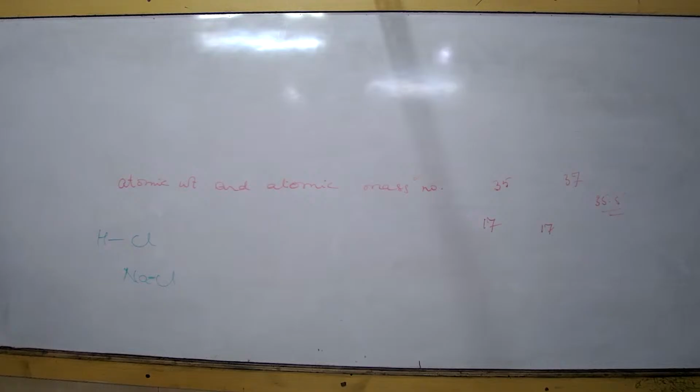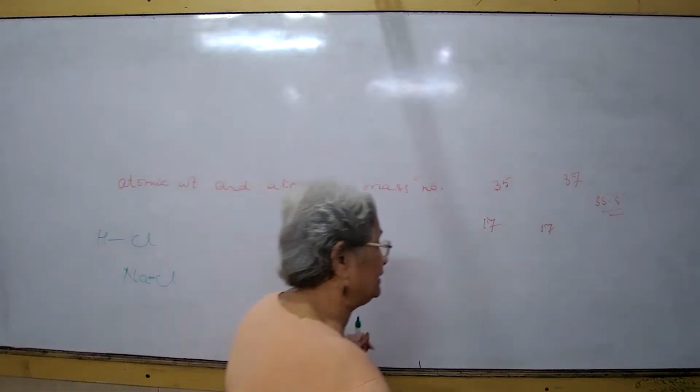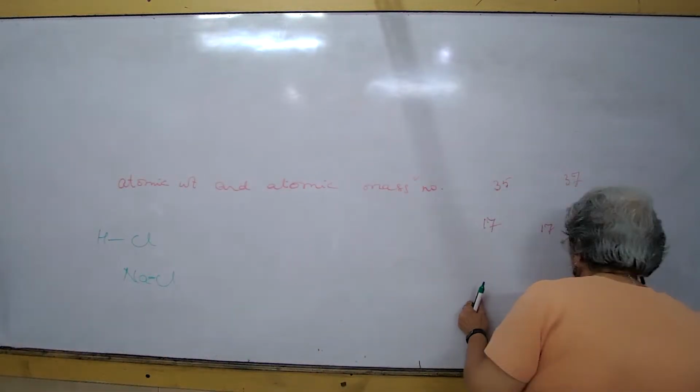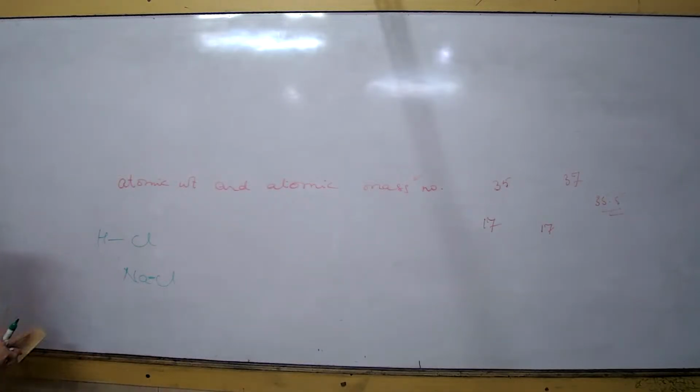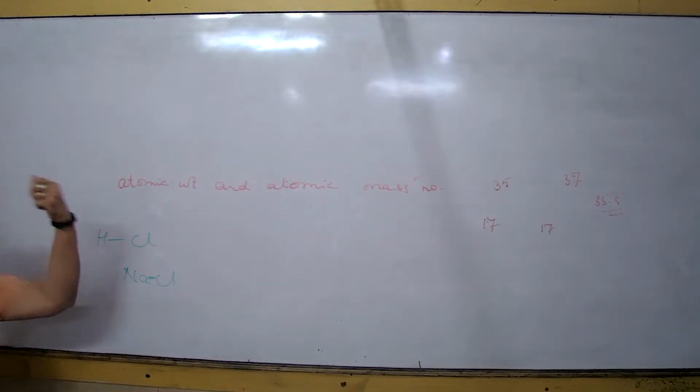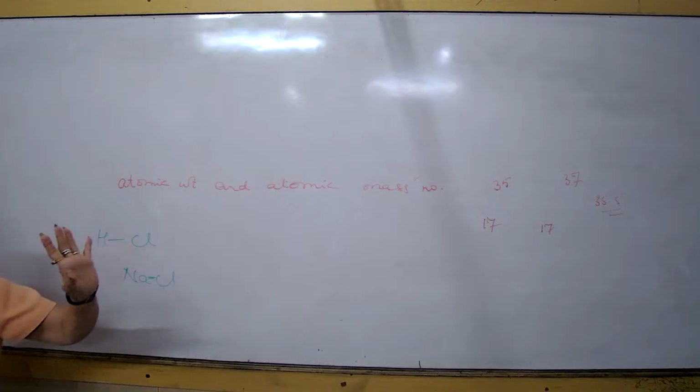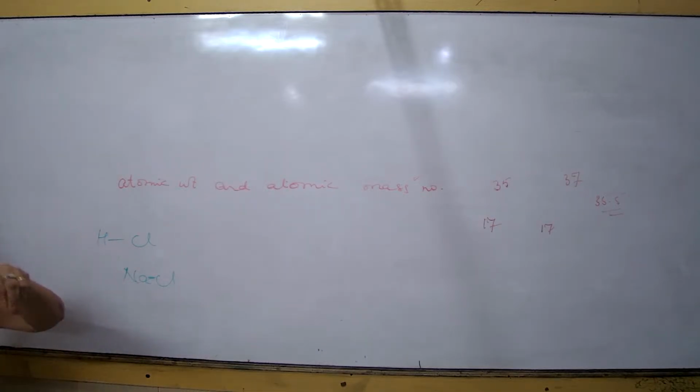Now, in the case of this compound, sodium will give and chlorine will take. That much sodium is giving, that much chlorine is taking. Sodium gives 1, chlorine takes 1. Sodium is 2, 8, 1.